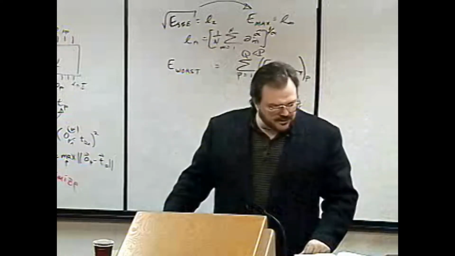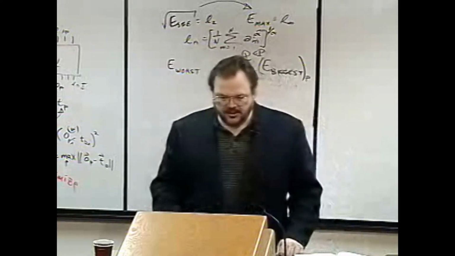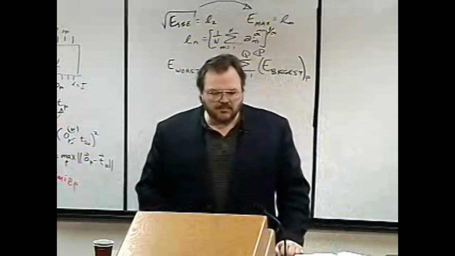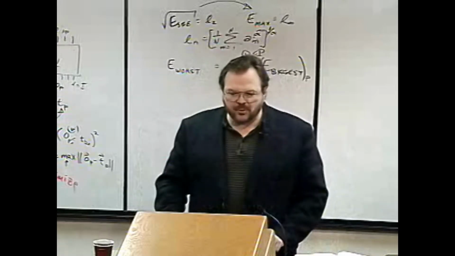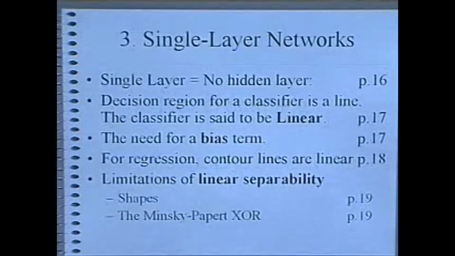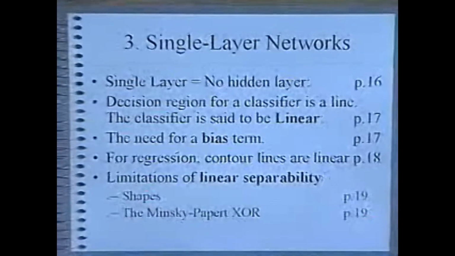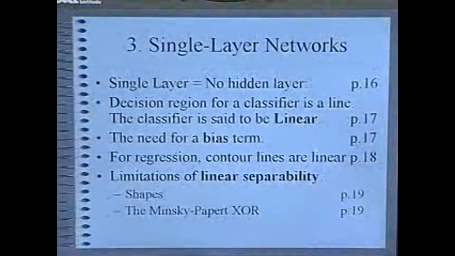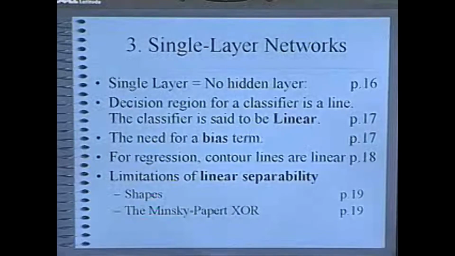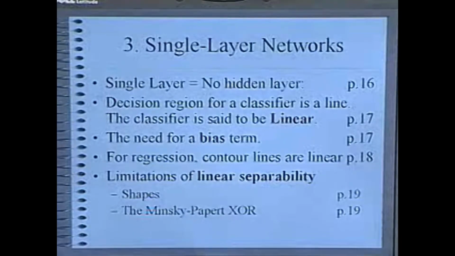So let's take a look at the idea of a single-layer neural network from the historical viewpoint of Bernie Widrow and Frank Rosenblatt. A single-layer network has no hidden layer. This is characterized on page 16.